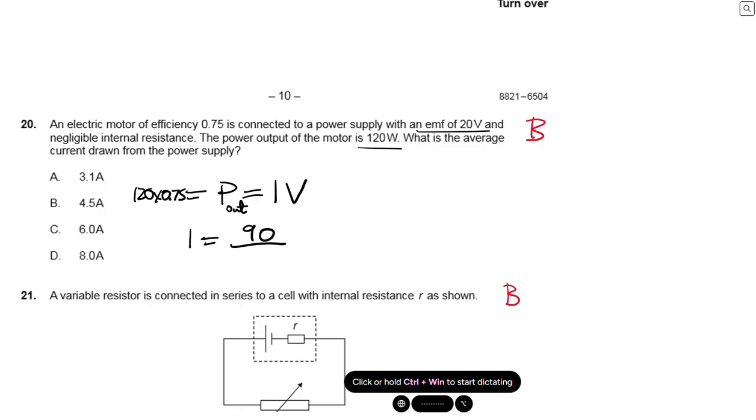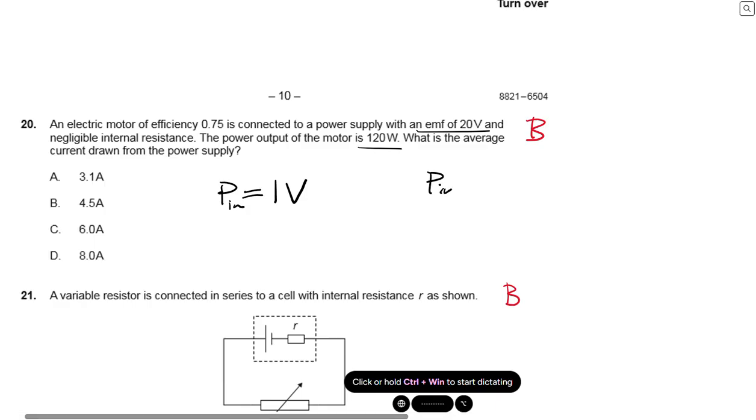Oh, they've given us the power output. We want the current drawn from the power supply, so this is power in, and what we need to do is find power in.